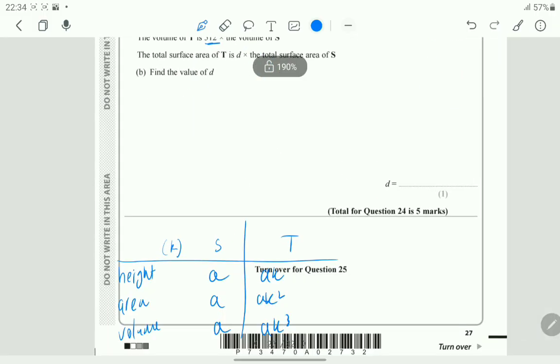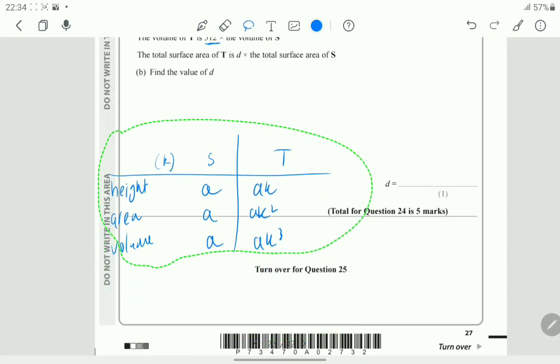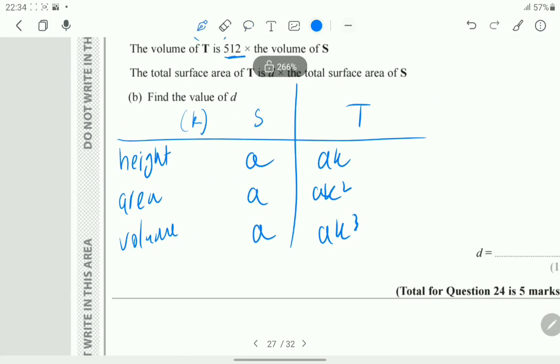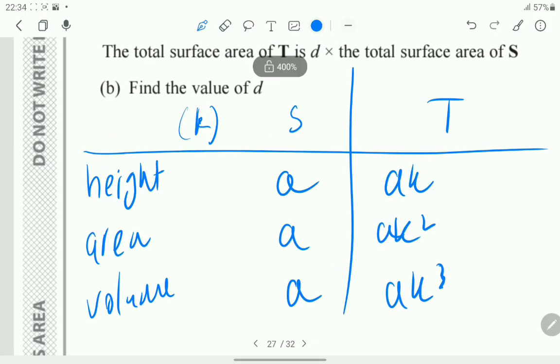So for similar solids, I have a rule for you to remember for your exam: if two shapes are similar and k is the factor between them, then the height of T is k times the height of S, and so on.